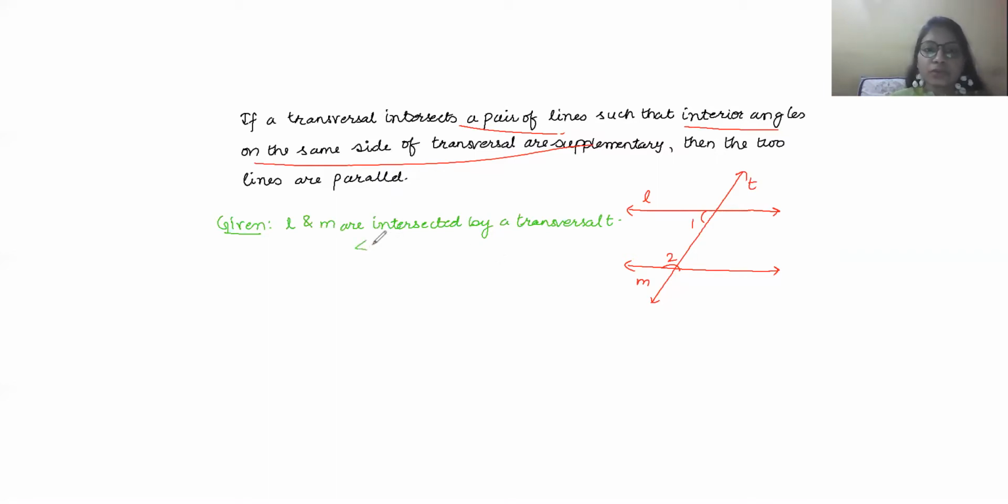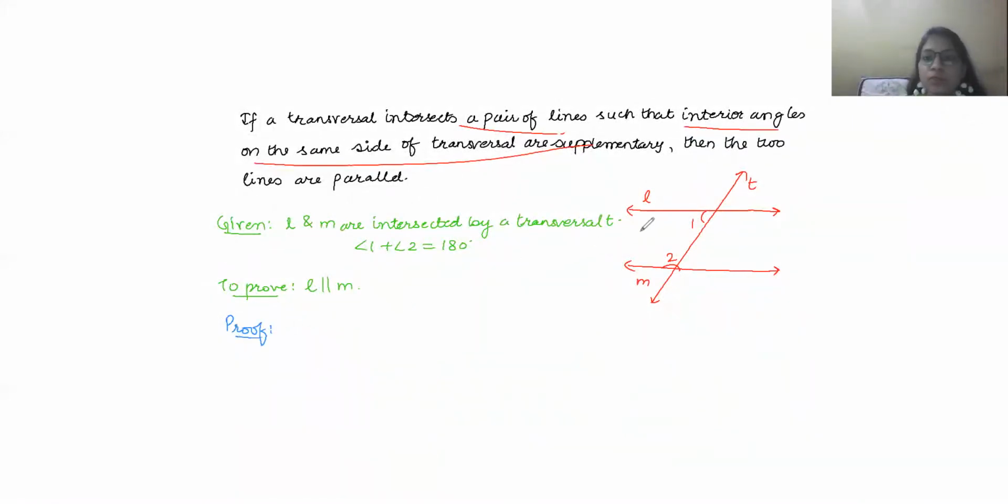So we have marked here angle 1 and angle 2. So angle 1 plus angle 2 equals 180 degrees. This is given to us in the question. Now, what we need to prove is that the lines are parallel. So we need to prove that L is parallel to M. Now let's see the proof.